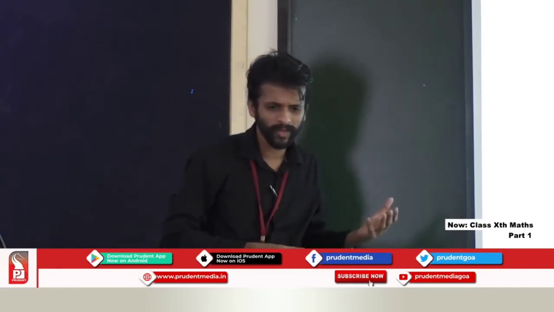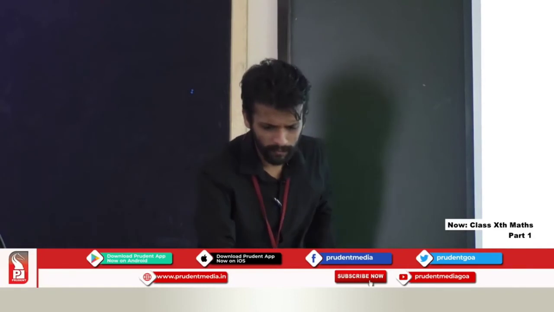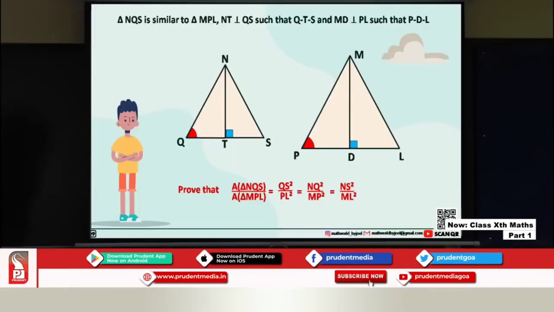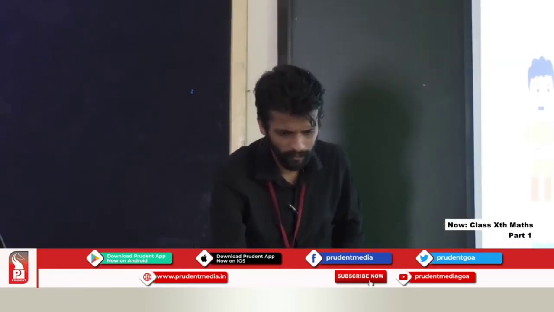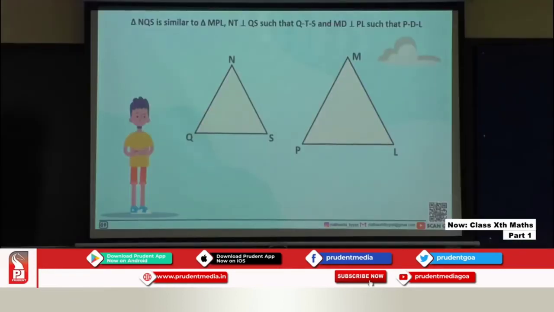So let us try and prove this. Triangle NQS is similar to triangle MPL. NT is perpendicular to QS such that Q-T-S, and MD is perpendicular to PL such that P-D-L. Let us draw a figure. So there are two triangles, right?